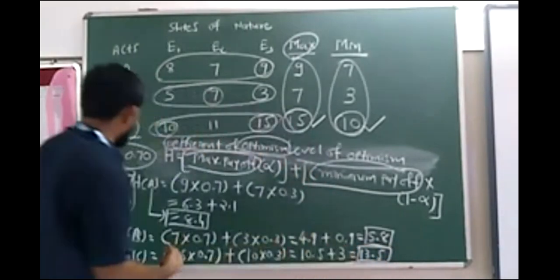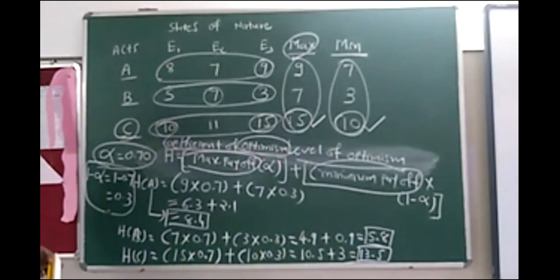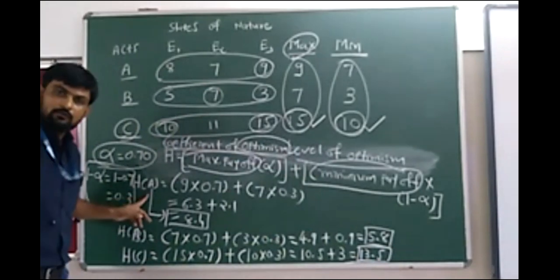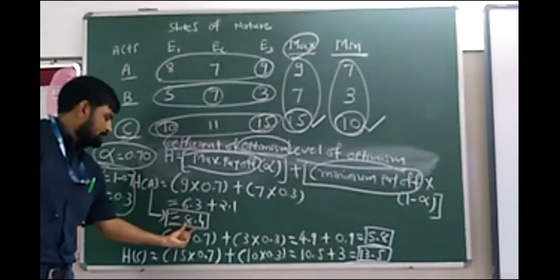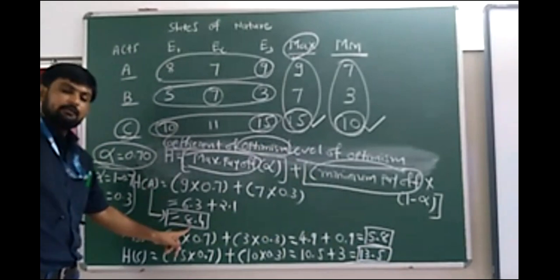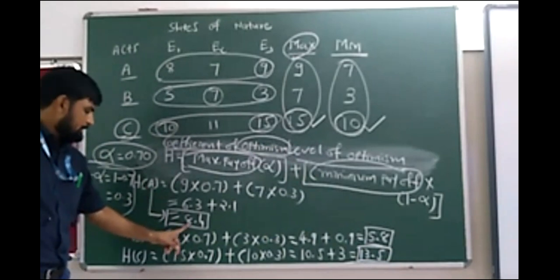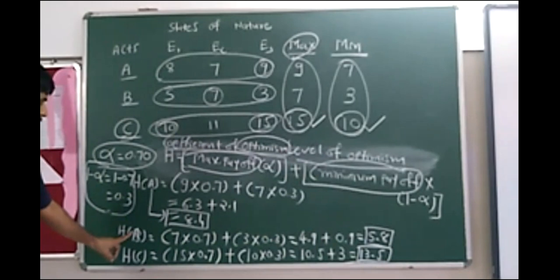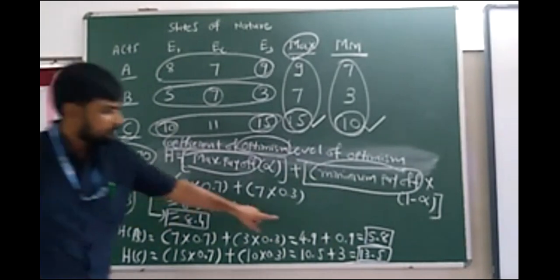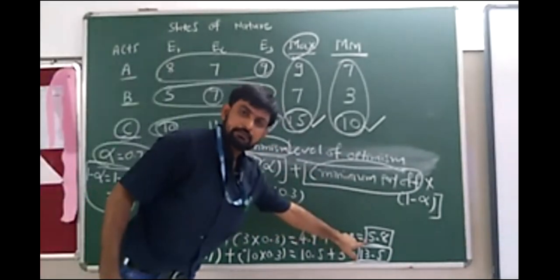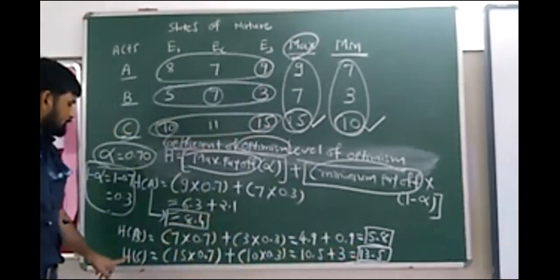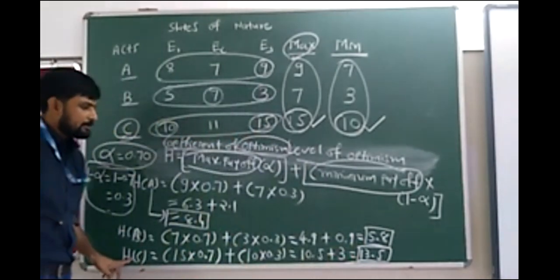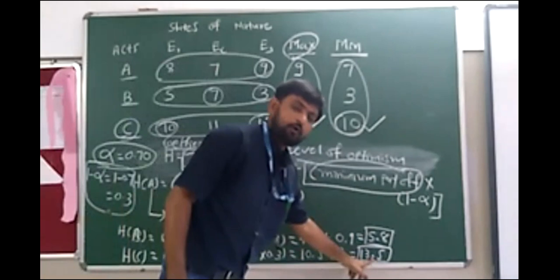Now you can compare your answers. According to Harvey's rule, the average profit for act A is 8.4, for act B is 5.8, and for act C is 13.5.